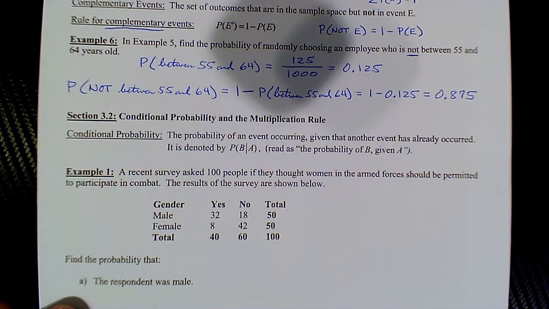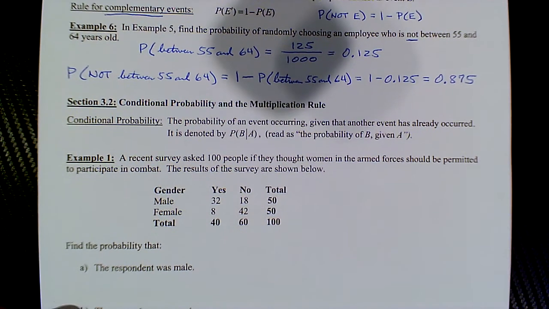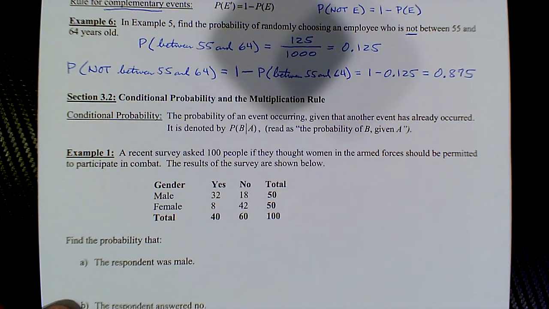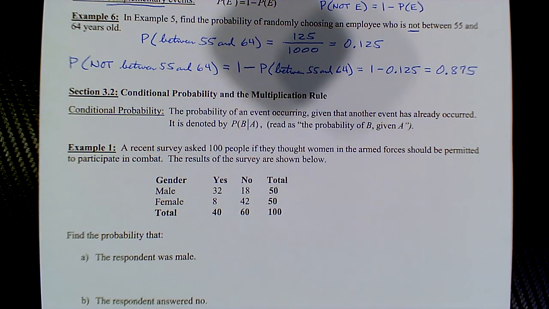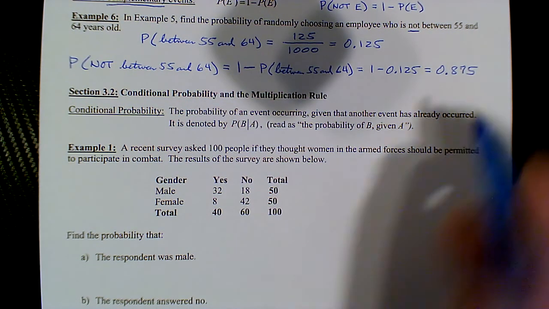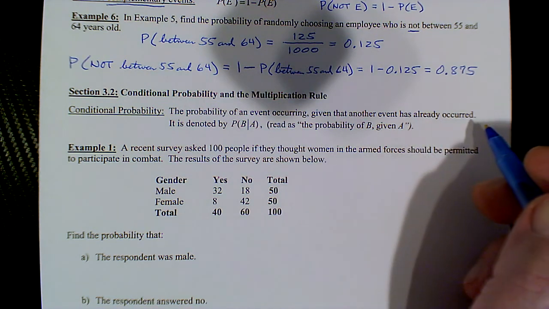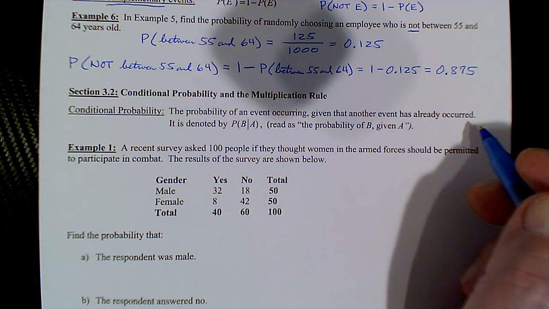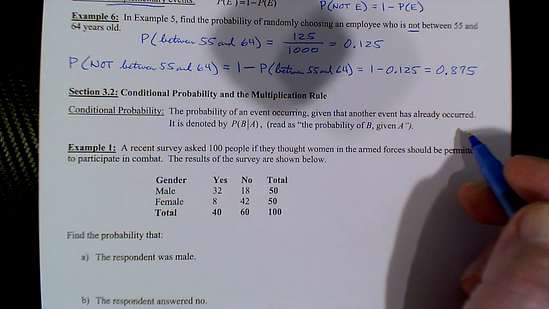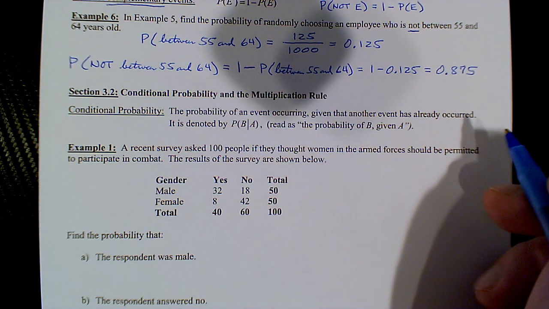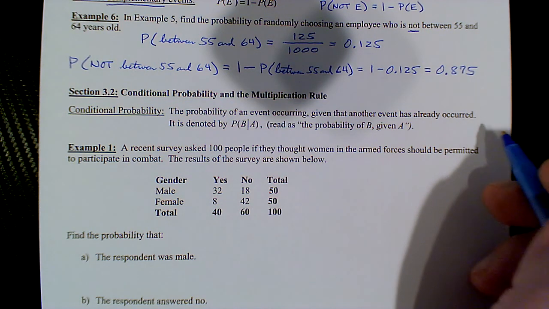In section 3.2, we look at conditional probability and the multiplication rule. First off, conditional probability, there's a notation here. It basically means that you're calculating the probability of an event based on another event having already occurred.